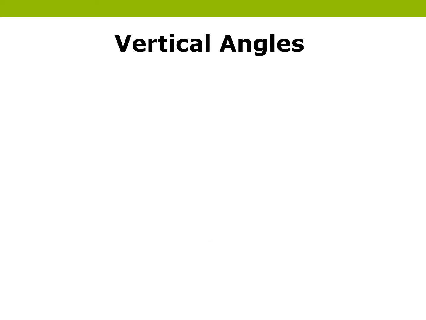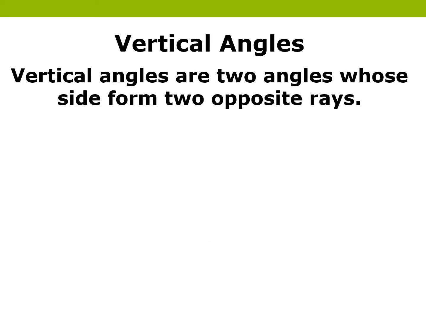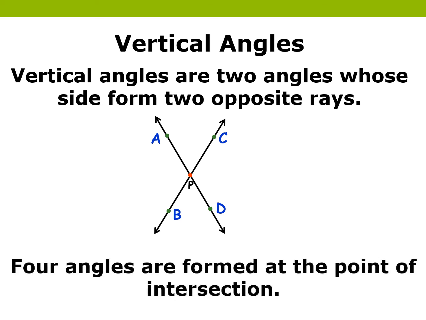The next one is the vertical angles. Vertical angles are two angles whose sides form two opposite rays. So we have here two angles, the opposite angles: angle APC and angle BPD. Four angles are formed at the point of intersection, similar to angle CPD and angle APD, wherein the point of intersection of the two lines is point P. So we have four angles for the vertical angles.